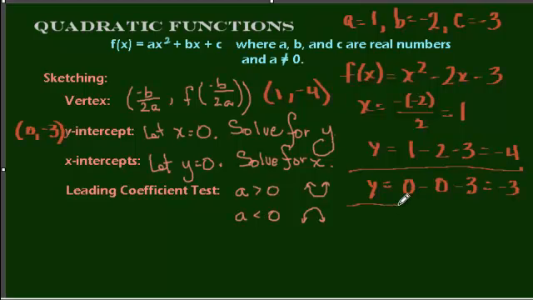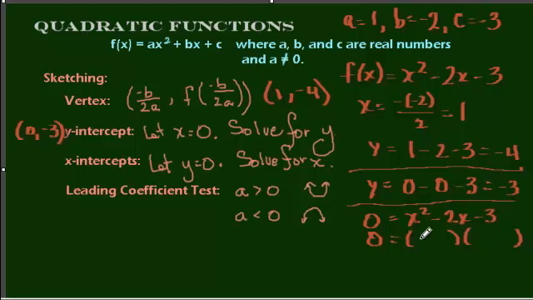Alright, now for the x-intercepts, which are harder to find. Of course, we substitute 0 for y, and then we solve for x. Now, if it's a nice one, it'll factor, and we can read those off very easily. If not, you'll have to use the quadratic formula.